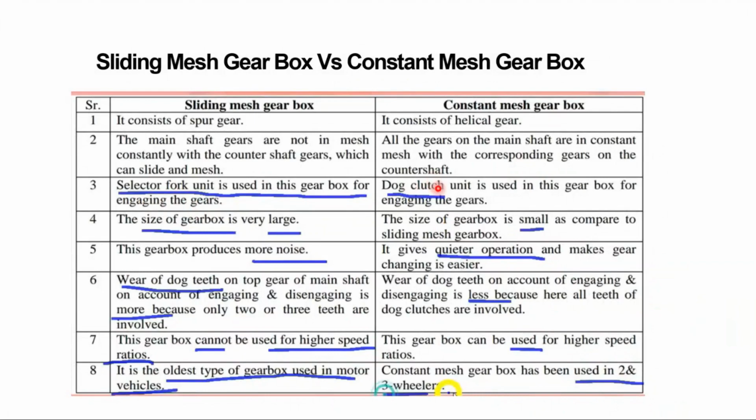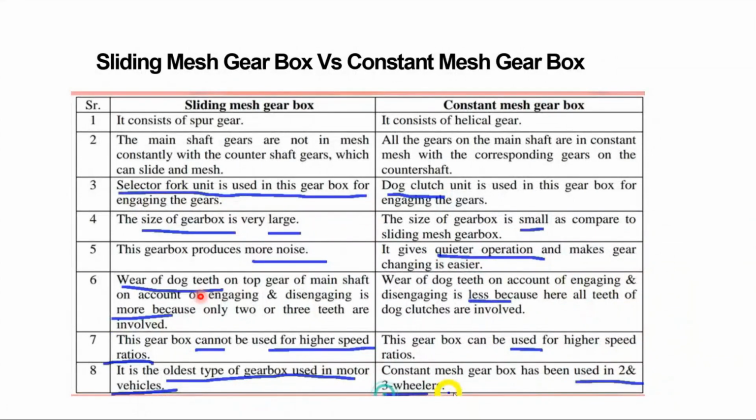You have the dog clutch unit in the constant mesh gearbox. The size of the gearbox is very large in the sliding mesh gearbox, and it is going to be less in the constant mesh gearbox. Because of the sliding, the noise is higher in the sliding mesh gearbox, and the constant mesh gearbox is going to be quieter in operation.